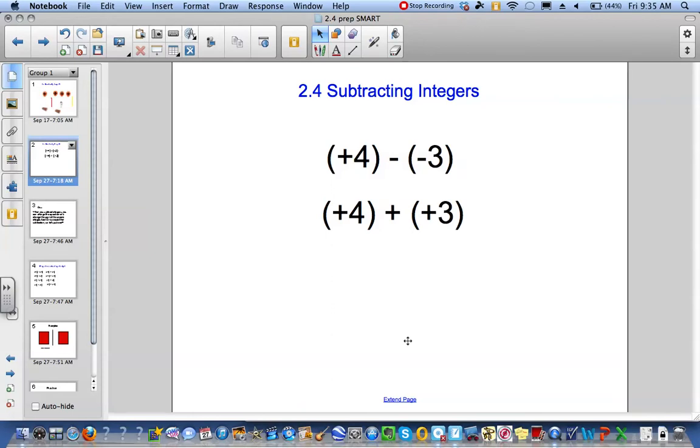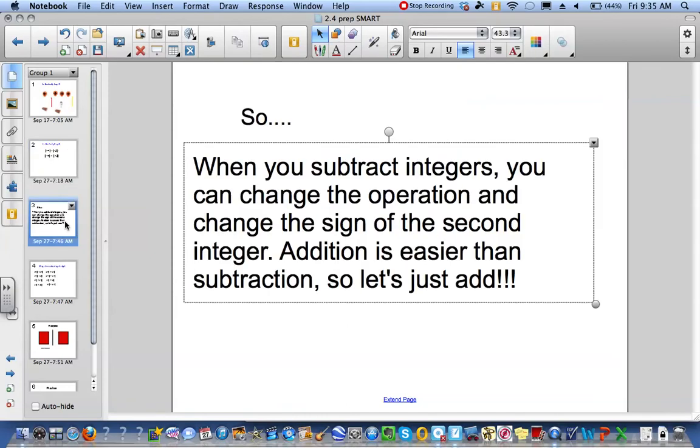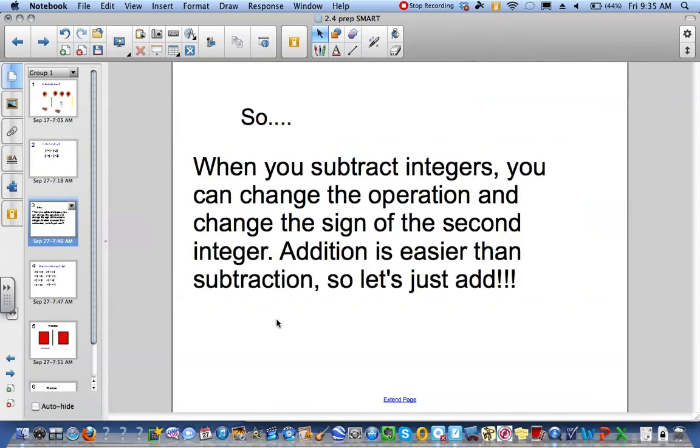Okay? If you looked at it, positive 4 minus negative 3 equals positive 7, and positive 4 plus positive 3 equals positive 7. So when you subtract integers, you can change the operation and change the sign of the second integer. You're basically making subtraction questions into addition questions because addition is easier than subtraction.